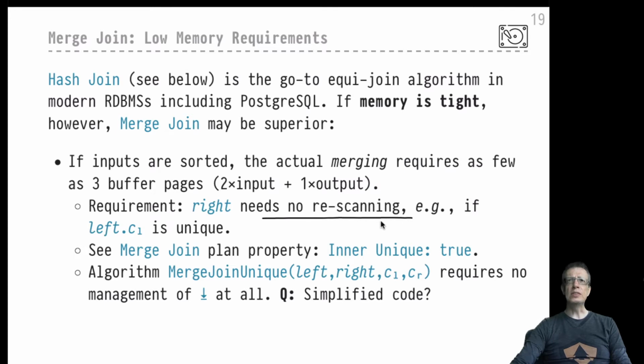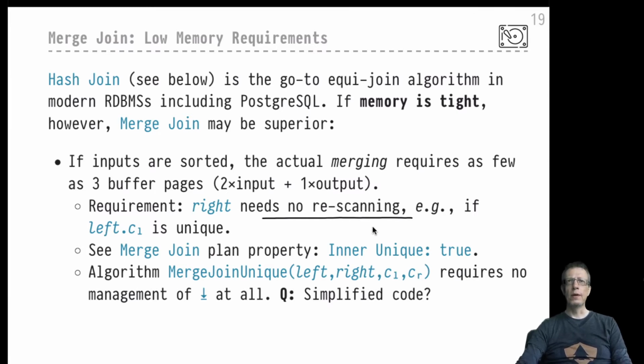If there is indeed the need for rescanning of the right input, resetting the right read pointer in the right input table to some marked position, maybe far away, far back, then, well, of course, we would need memory to temporarily store that portion of the right input and to make a rescanning possible there. So we would only see these very low memory requirements of merge join if indeed such rescanning is not needed.